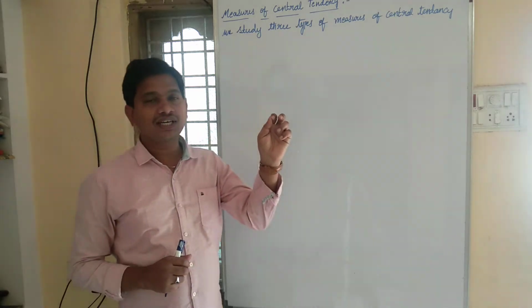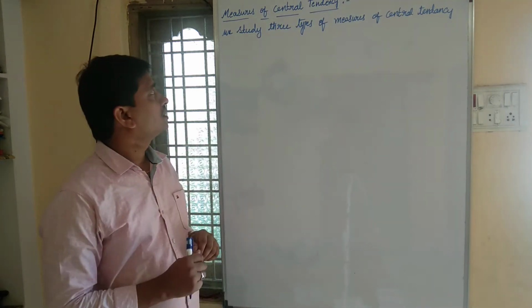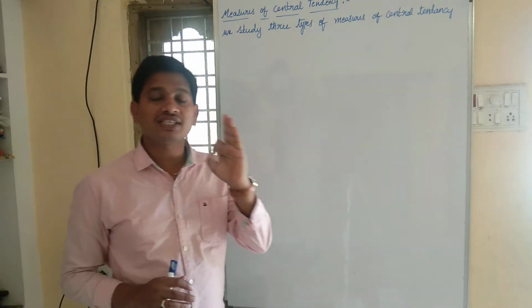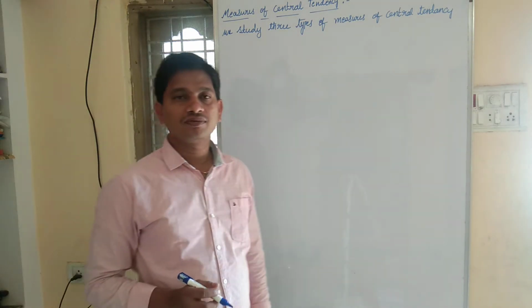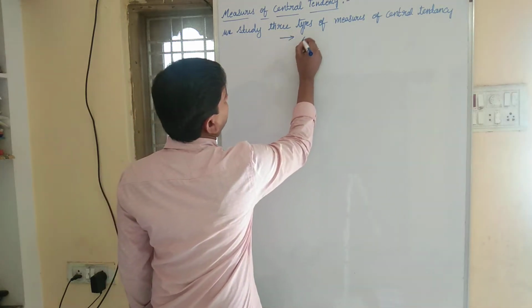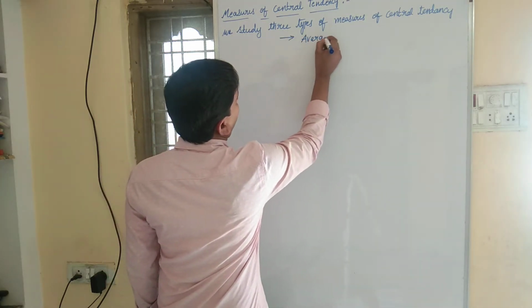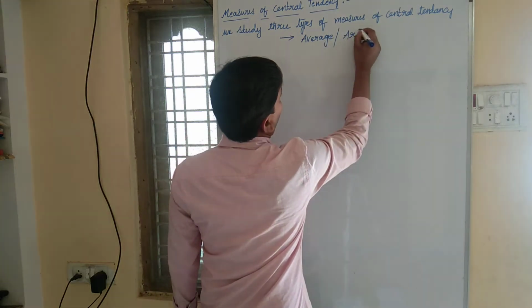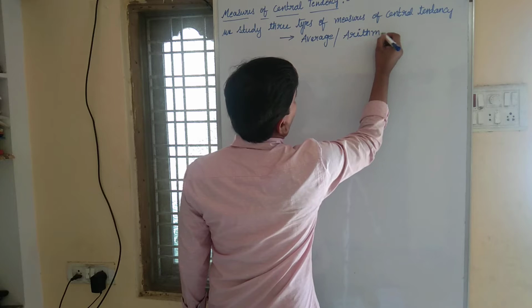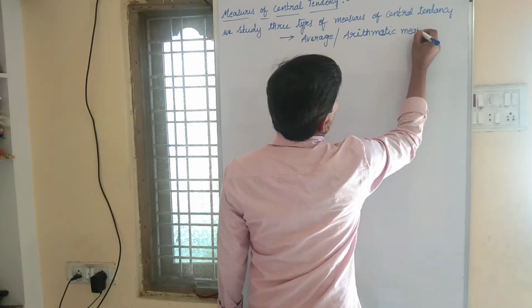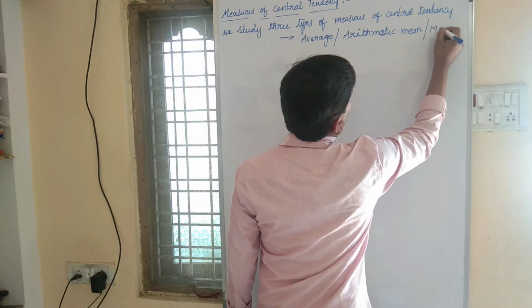Measures of central tendency. Actually, we study three types of measures of central tendency. What are the three types? First one, average, or we call it arithmetic mean, or simply we can call it mean.